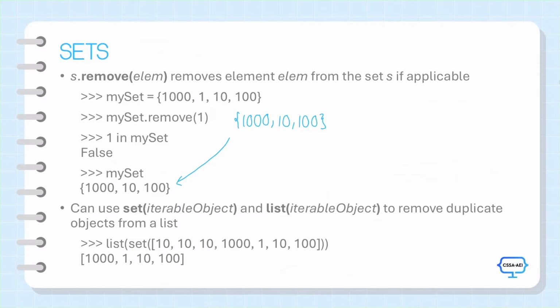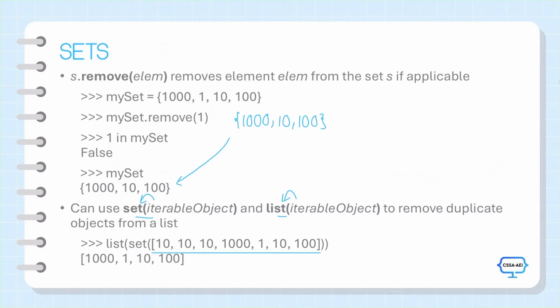A nice thing about sets is we can switch between a set and a list to remove duplicate objects. So the set function will convert whatever object we give it into a set, and the list function will turn whatever we give it into a list. I have this list 10, 10, 10, 1,000, 1, 10, 100.